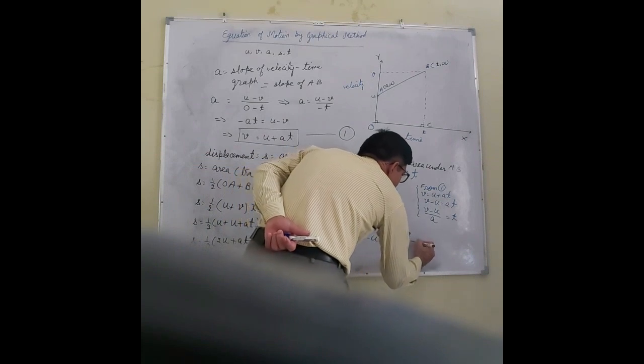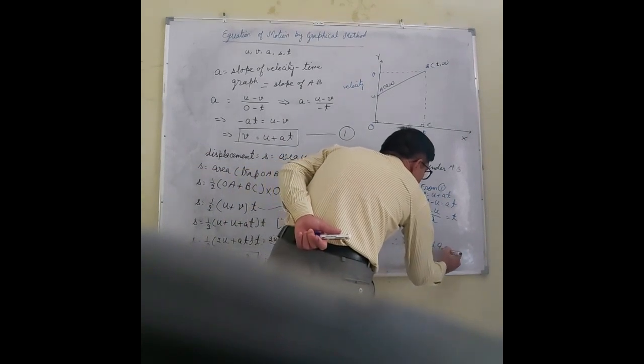Therefore, V square minus U square equals 2AS.